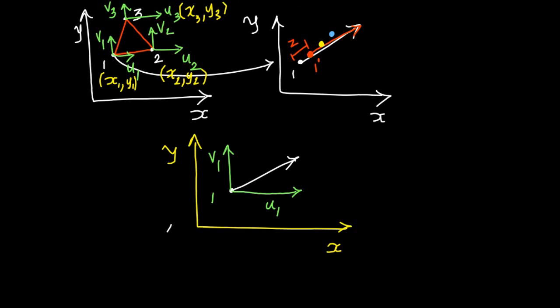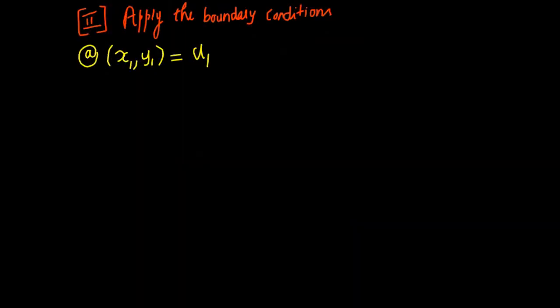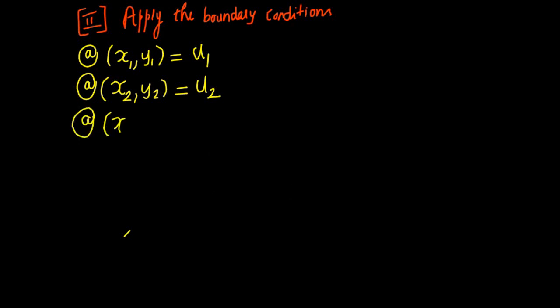Similarly, for nodal point 3, the displacement along the x direction is u3, along the y direction it is v3.